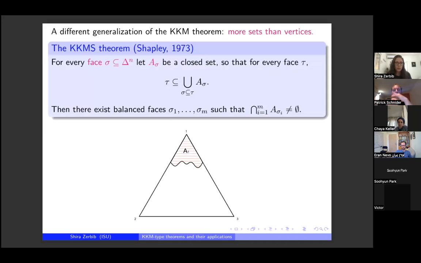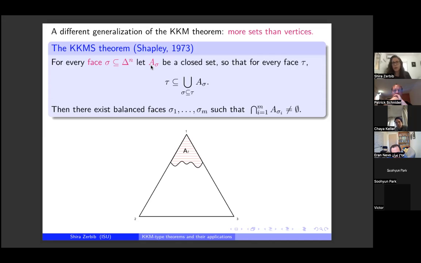So here is Shapley's theorem. We have, again, the simplex, in this case the n-1 dimensional simplex, or here I wrote the n-dimensional simplex. And we have sets covering this simplex. Before, in the KKM theorem, the sets were indexed by the vertices.